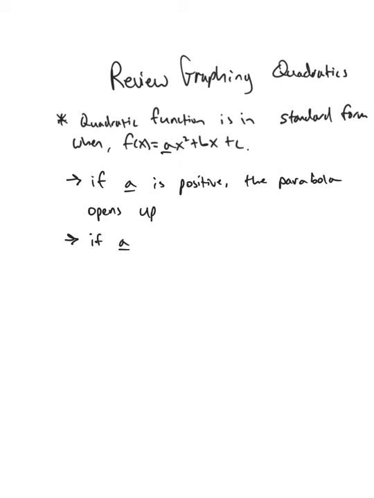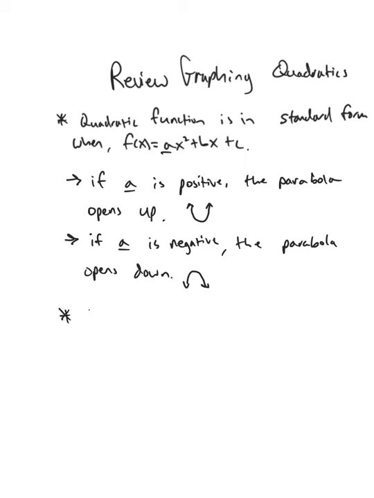If a, the leading coefficient, is negative, the parabola opens down. And I can give you a visualization. A parabola that opens up looks like a U shape, and one that opens down looks somewhat like a lowercase n. All right, so that's just a note on graphing quadratics, guys.